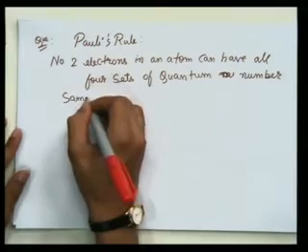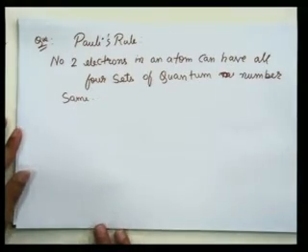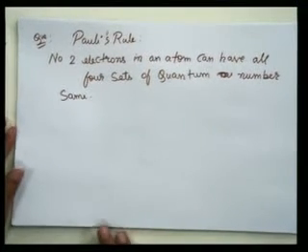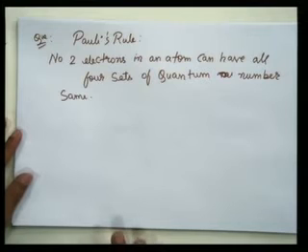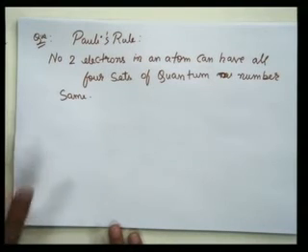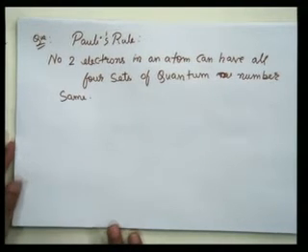It means what? We have seen in the last lecture that there are basically four types of quantum number. The first was principal quantum number, the second was angular quantum number, third was magnetic quantum number, and fourth was spin quantum number. So what does this rule say? That electrons cannot have all four quantum numbers the same. If three quantum numbers are the same, the fourth quantum number, that is spin quantum number, is always going to be different.